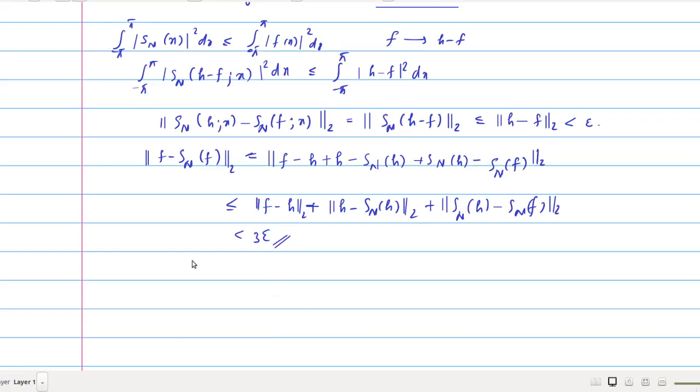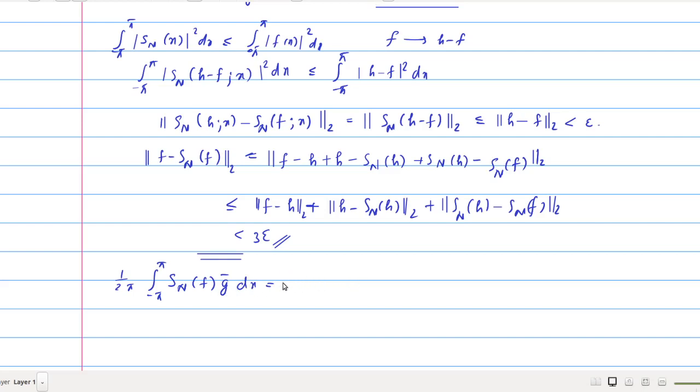So this proves the first statement of the theorem, and next we will show that 1 by 2 pi integral from minus pi to pi of Sn of f times g conjugate dx equals the summation from minus n to n of Cn gamma n conjugate, and taking n tends to infinity we can get the required result.